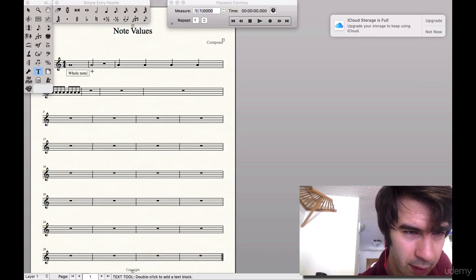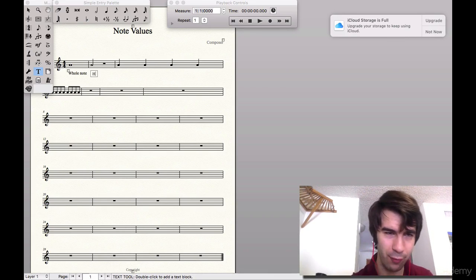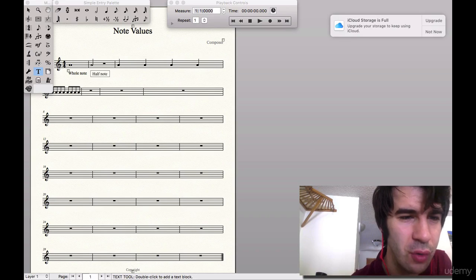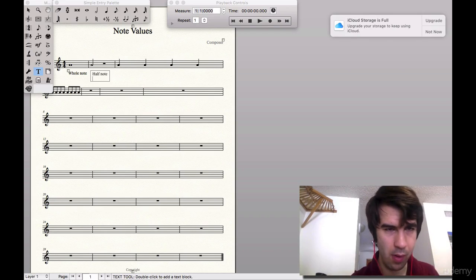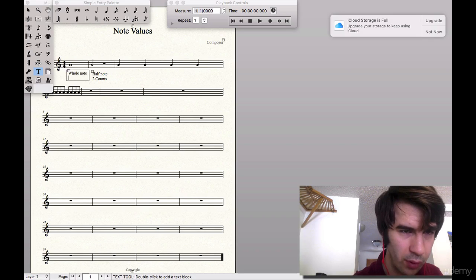Next one is half of that, and it's called the half note. This in 4/4 is equal to 2 counts. Whole note is equal to 4 counts, which is the whole measure.